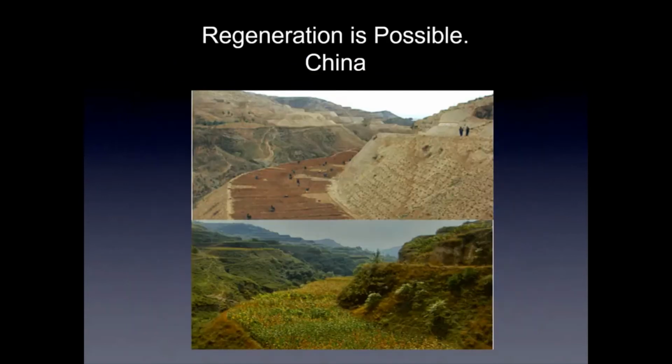Next slide. These are just some examples, and there are some amazing ones. This is in China, an area where they had an old road that had been traveled on forever, in areas of heavy drought and way overused.